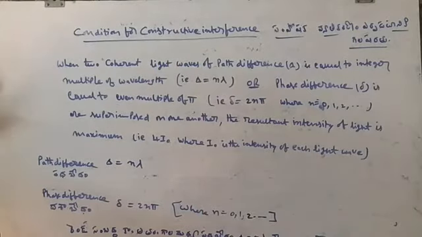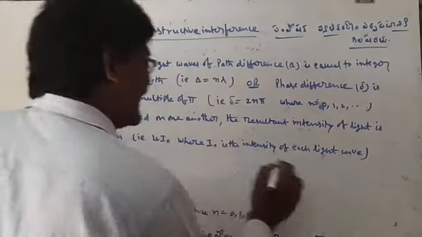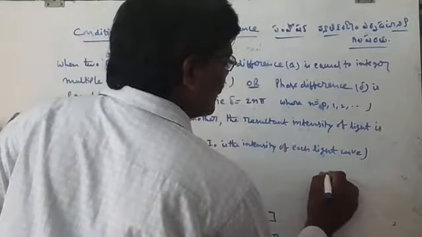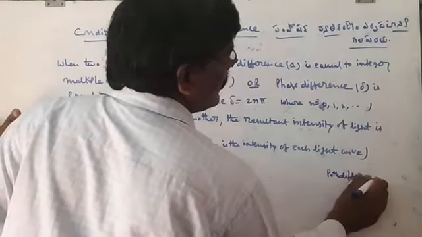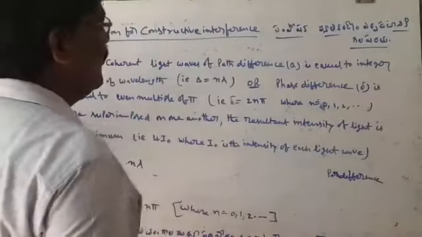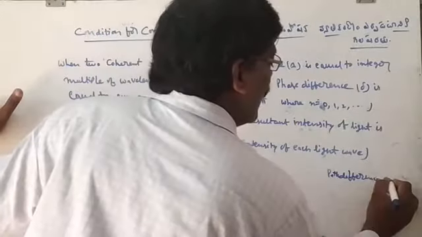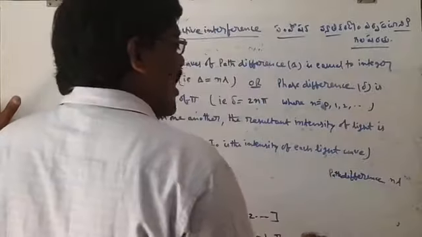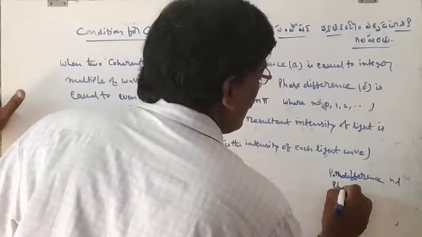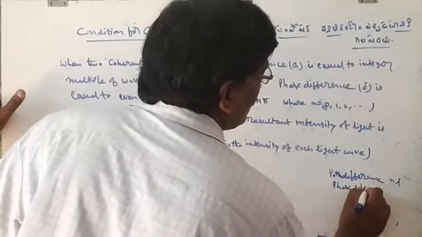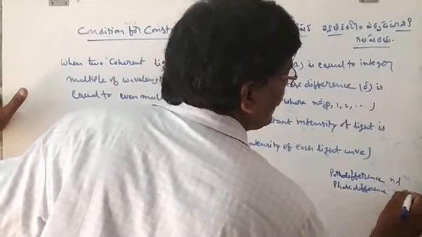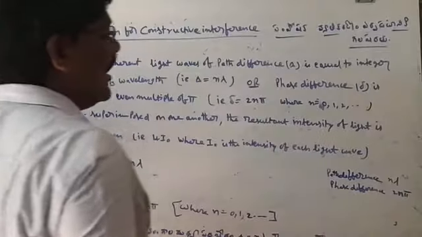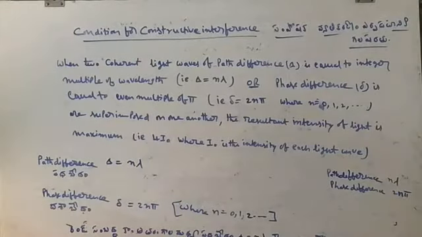Once again, two coherent light waves of path difference nλ, or phase difference 2nπ, where n is equal to 0, 1, 2, 3, are superimposed on one another.